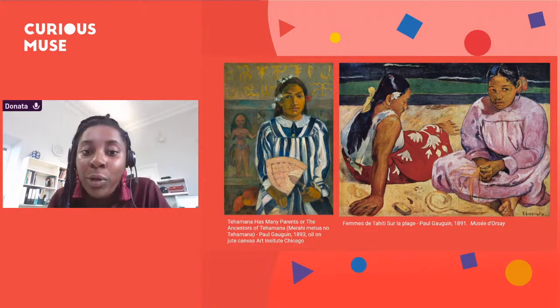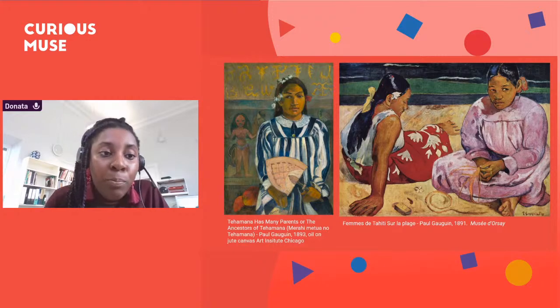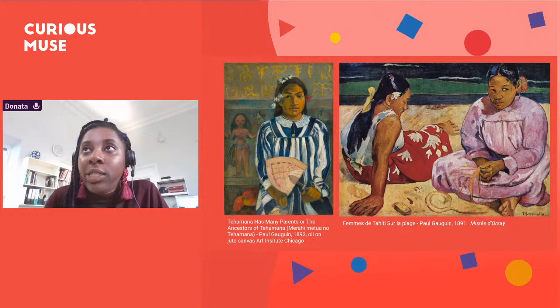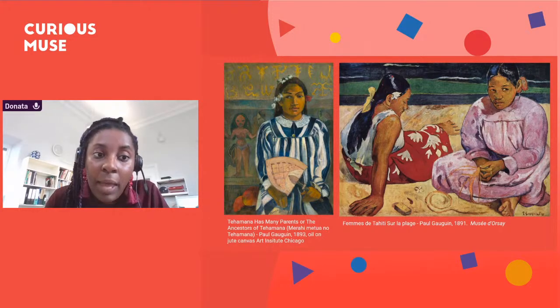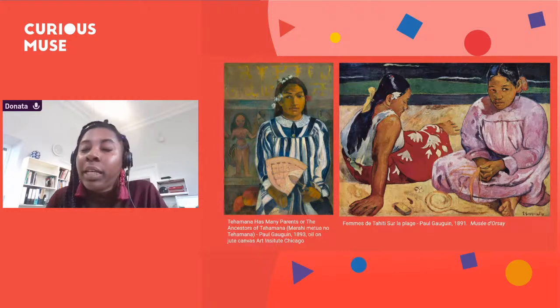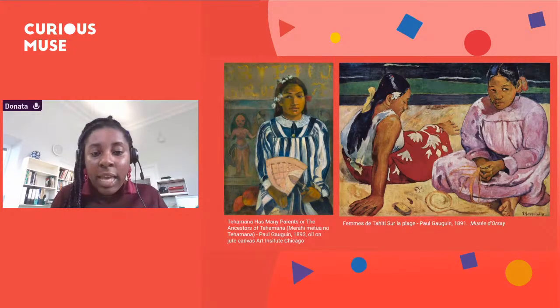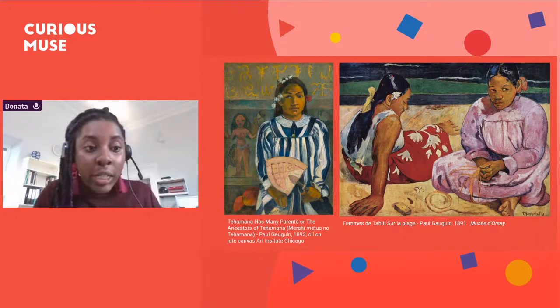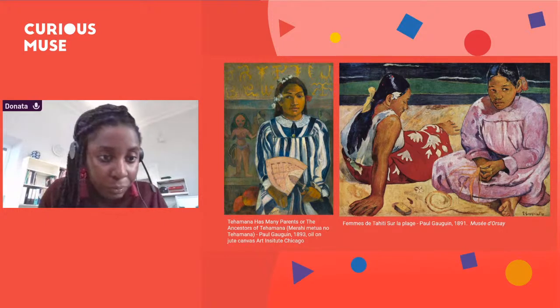we have Paul Gauguin, who moved to Tahiti in the 1890s and really took inspiration from the inhabitants, the landscape, and the culture to create his work and to create artwork that combined European themes and also Polynesian lore or Polynesian traditions in the artwork.